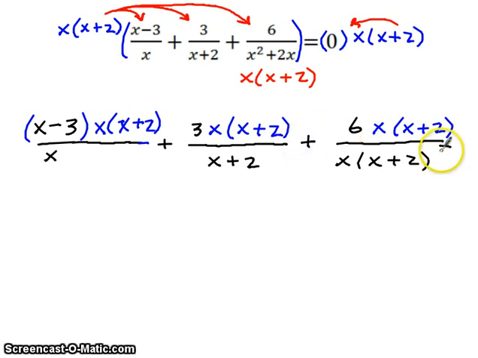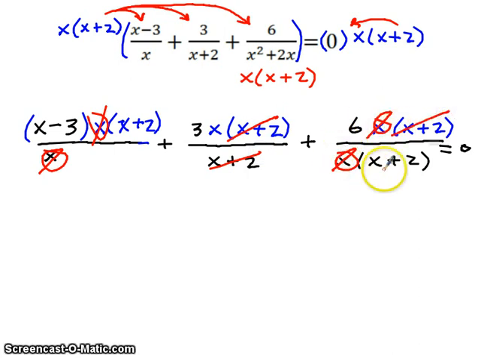All right, so here we go. We've distributed in the least common denominator to the left, and we multiply times the 0 there, and on the right we have a 0, and this makes our problem much easier. We can cross off each one of our denominators, and that results in an equation that's much easier for us to solve.